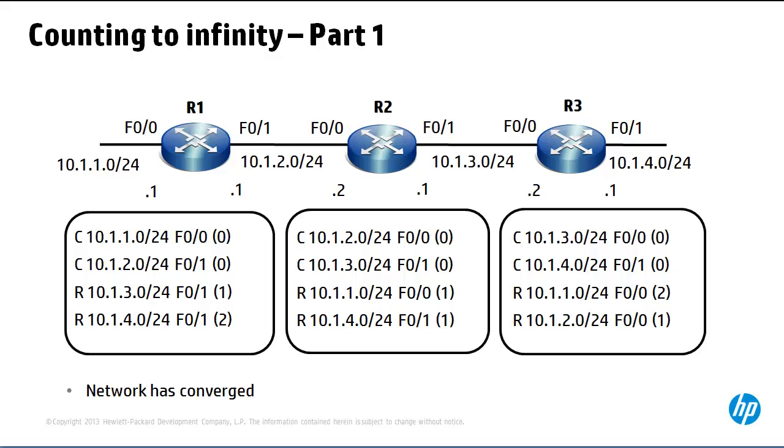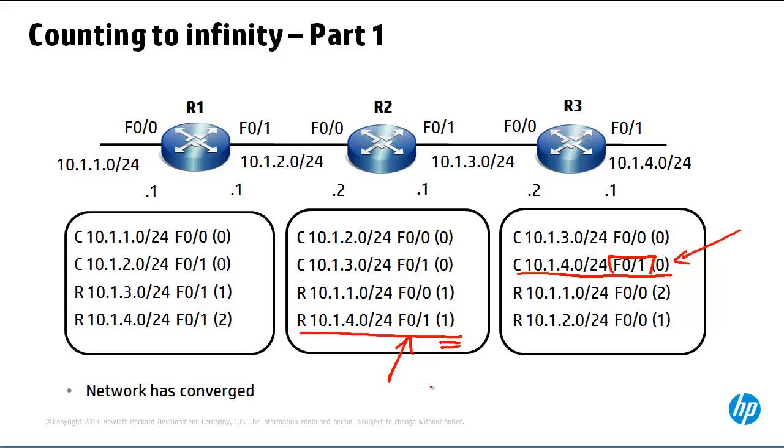Previously, before the network went down, this network was in its routing table with a hop count of 0. In other words, it was directly connected on FastEthernet 0/1. That information was in router 2's routing table. It had learnt about this network from router 3 on interface F0/1 with a hop count of 1.